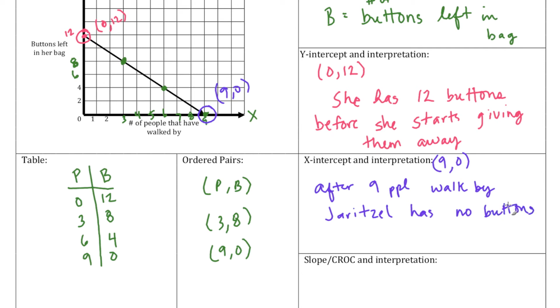You can also say she has 0 buttons left, but I like to just say she has no buttons because I don't think in real life we usually speak that way.